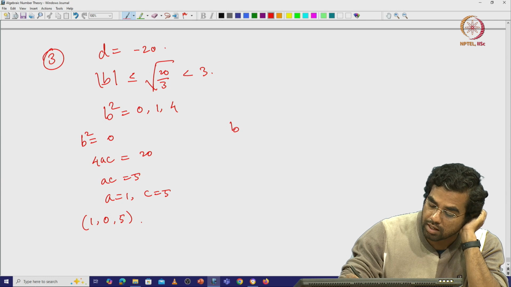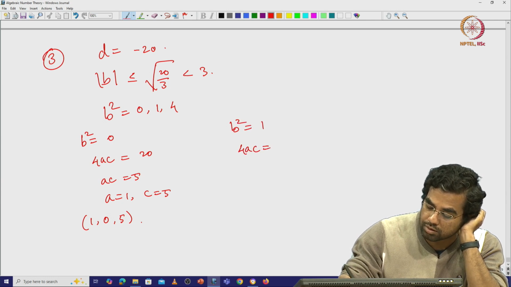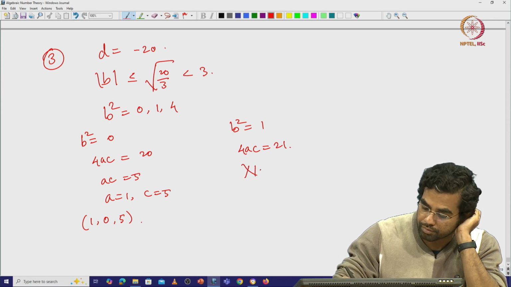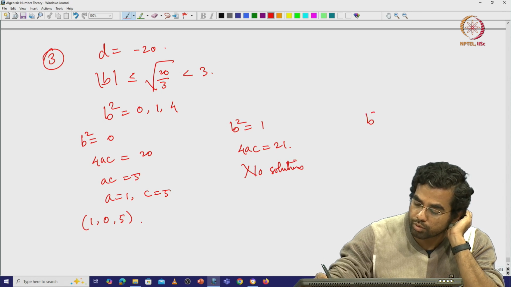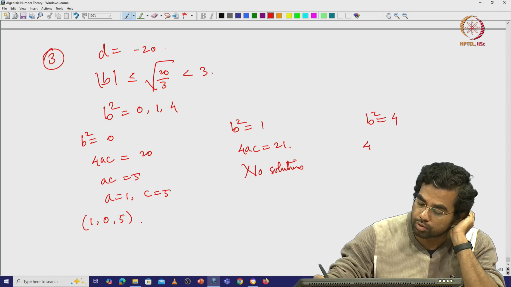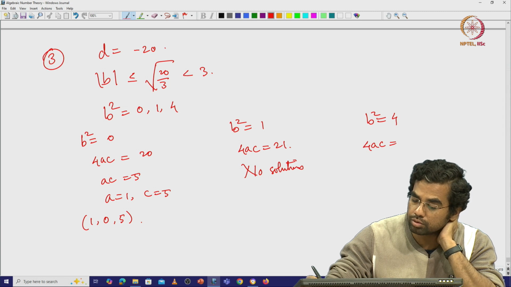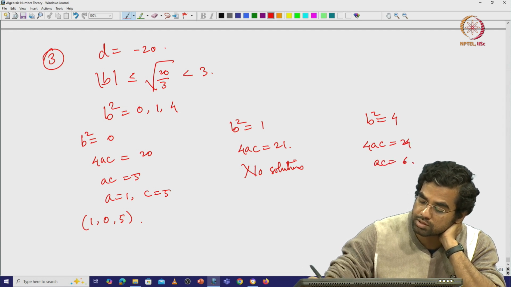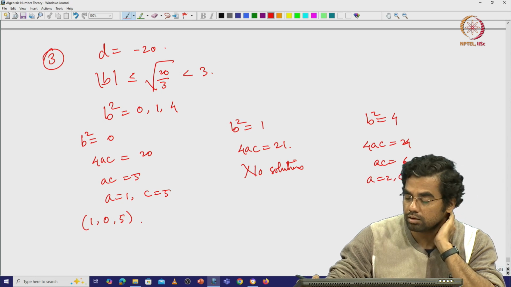Now, let us take b square equal to 1, then 4ac is equal to 21, and this has no solutions. B square equal to 4, then 4ac is equal to 24, and so ac is equal to 6, and so a is equal to 2, c is equal to 3.